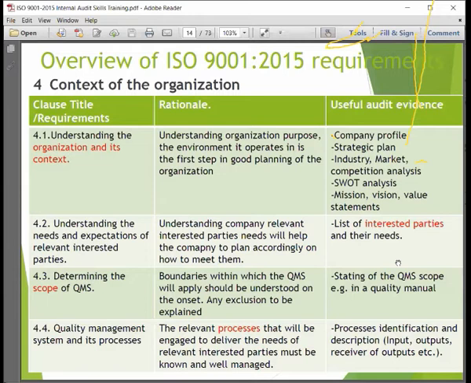So what you'd want to see is process identification, something we have already done: their inputs, their outputs, and receivers of outputs. If you're looking for evidence, you'd want to see the processes that are there, the core and support processes, and their description. For every SOP manual, we have the process identification in compliance with 4.4.